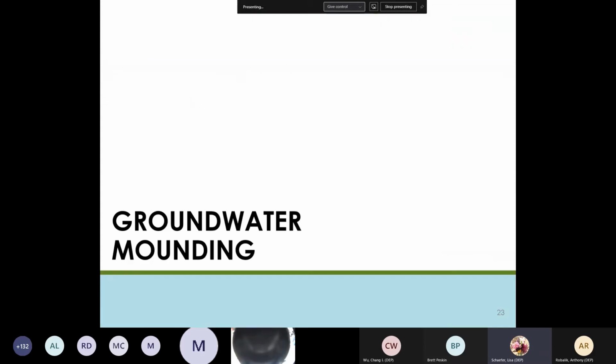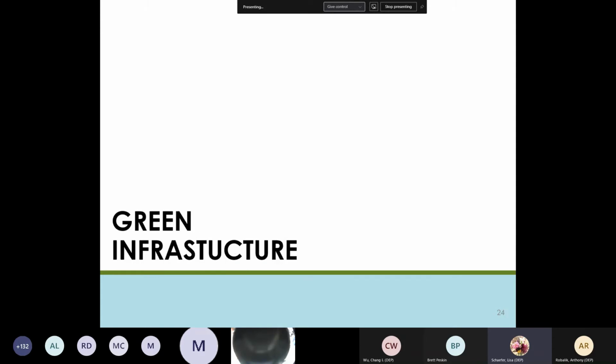So far we've seen that the quantity and quality don't meet the requirements. Fortunately, the proposed design does not rely on infiltration, so there's no need for them to provide a groundwater mounding analysis. But also, the design does not meet the standard for green infrastructure. The sand filter has an underdrain that's not listed in the rules as being green infrastructure.